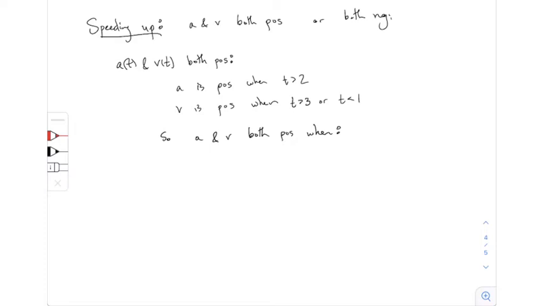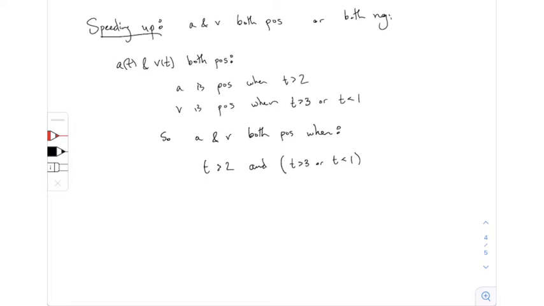Greater than 2 and greater than 3 or less than 1. Anyone capable of, yeah? 3, yeah, he says 3 to infinity.